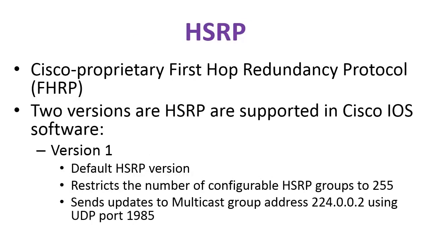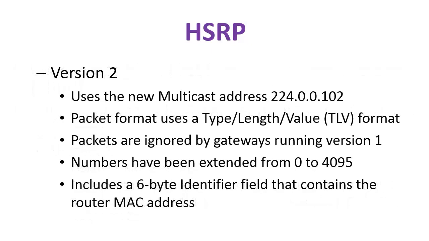HSRP is a Cisco proprietary first hop redundancy protocol. Two versions of HSRP are supported on IOS software. Version 1 is the default HSRP version, and this restricts the number of configurable HSRP groups to 255. I don't expect you should be exceeding that anytime soon. And then there's version 2, with some updates.